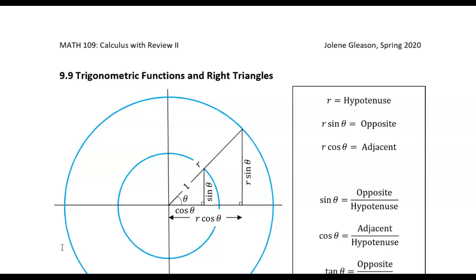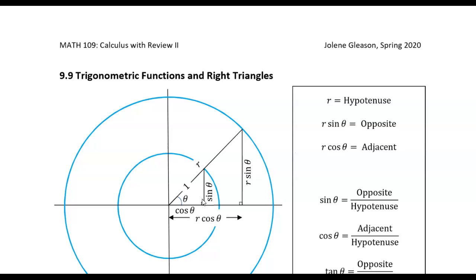If you didn't know that, it's okay. But if we take a look at the unit circle, you can see this inner blue circle that I have drawn is the unit circle. You can see it has a radius of 1. And we know that any point on this unit circle, the x value is the cosine and the y value is the sine.